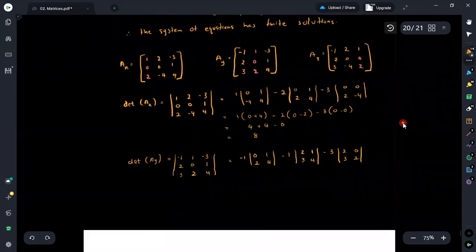Therefore, we can write down the values. Here it is minus 1 times 0 minus 2, minus 1 times 8 minus 3, minus 3 times 4 minus 0. This leads to plus 2, then minus 5, and then minus 12. So we'll get this value as minus 15.